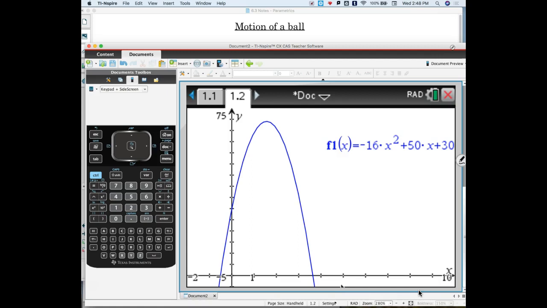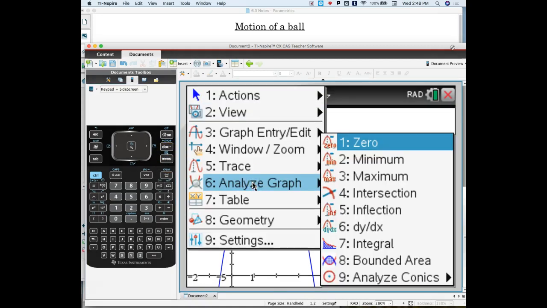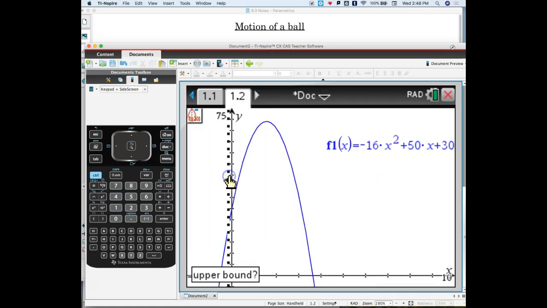I can find its maximum. Menu, come on, menu. Oops, wait, tap the brakes. I see now what's going on. I've got to put this thing down here. Menu, analyze graph, maximum, gets me a maximum height of 69.1 feet.